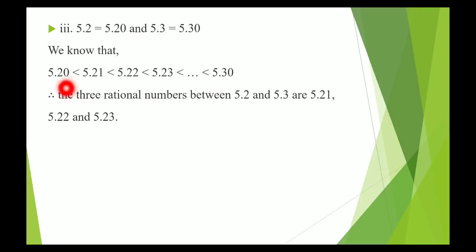So I'm writing in the ascending form: 5.20, 5.21, 5.22, 5.23, and so on till 5.30. I'm going to pick any three rational numbers between 5.20 and 5.30. So the answer is the three rational numbers between 5.2 and 5.3 are 5.21, 5.22, and 5.23.